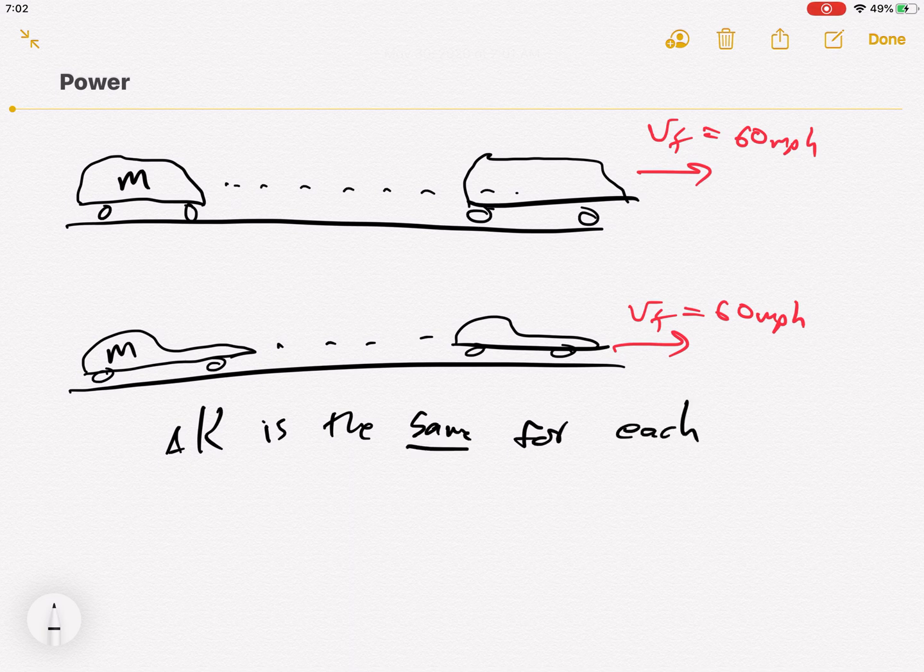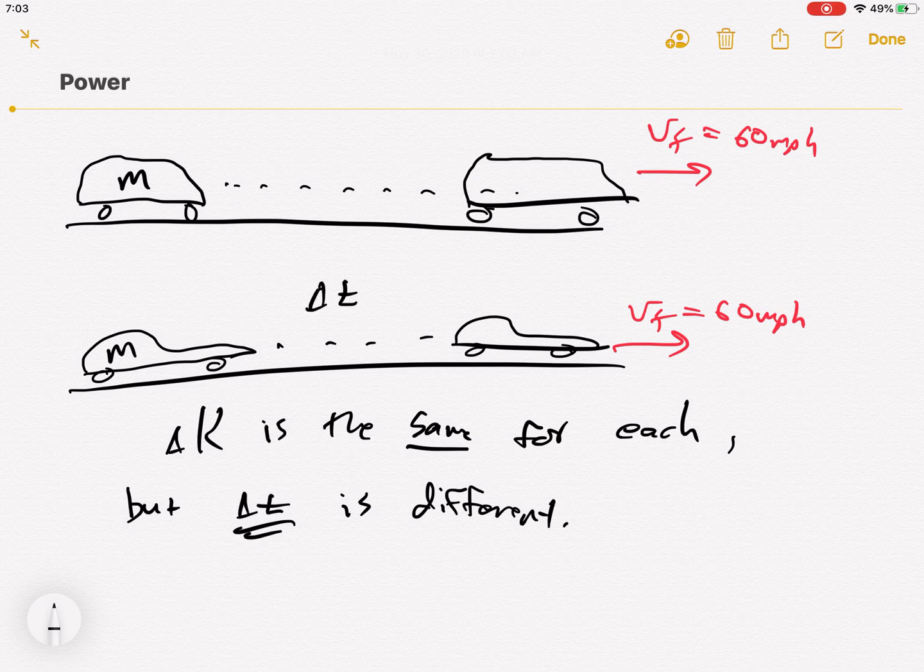So what's different? Well, it's what we measure for 0 to 60, right? It's a time. We could say delta T is different. I expect the minivan to do this eventually, but the sports car should do it quickly.